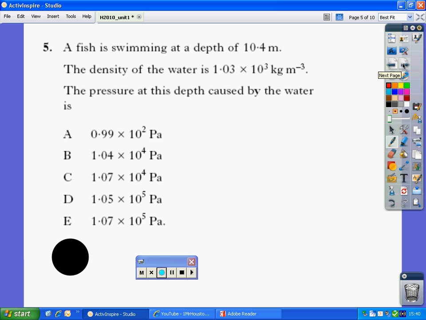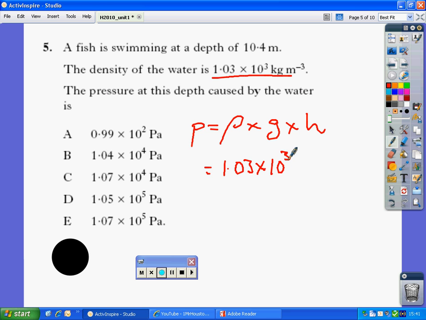Again, it's a calculation type, so the best thing to do is to ignore the potential answers. It's looking for pressure. Pressure equals rho times g times h. Let's look at the values. Density 1.03 times 10 to the power of 3.